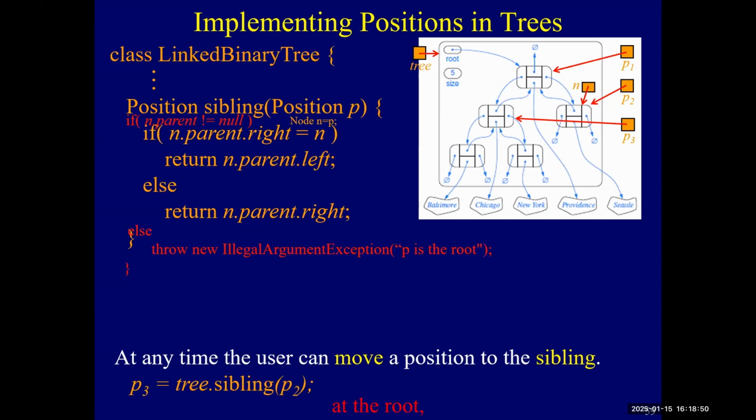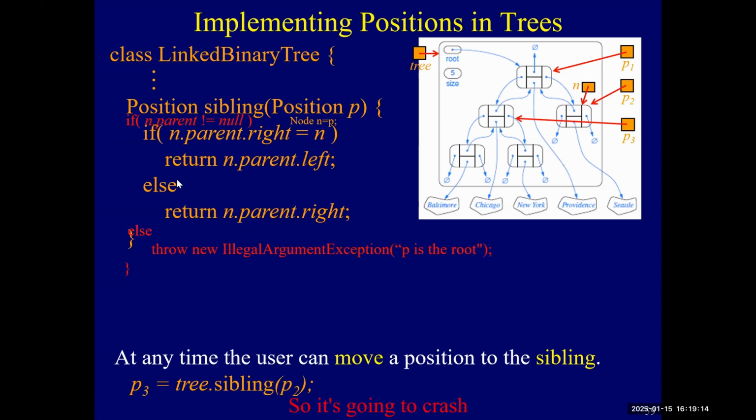If I'm pointing at the root and I say dot parent, then who I'm going to get is null. And then when I do dot right, we're going from null. Who's the right of null? There's nothing there.